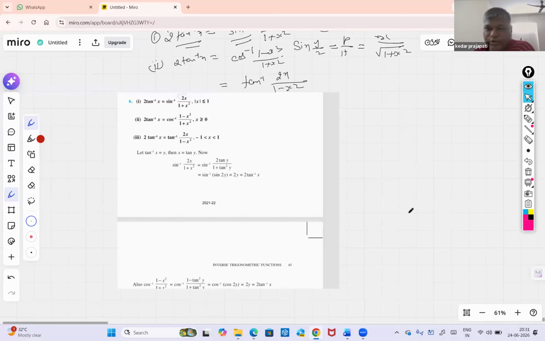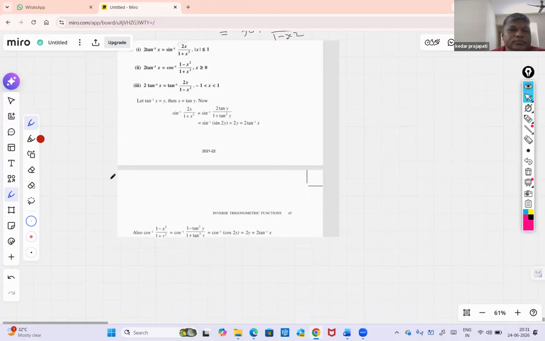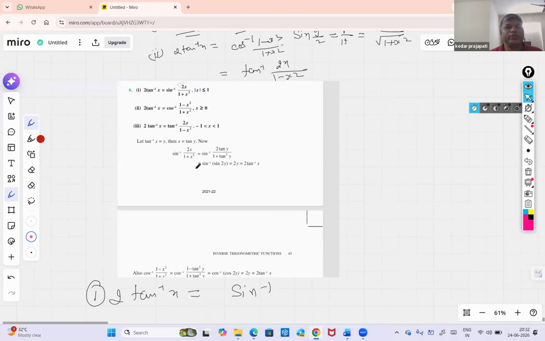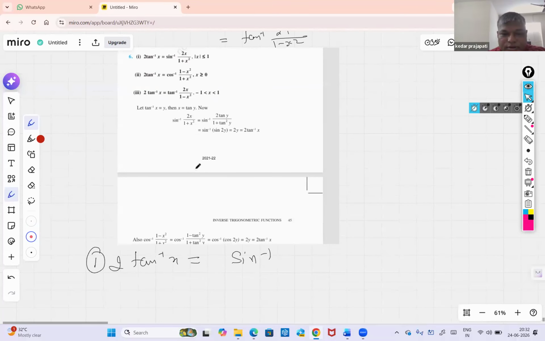So what is the first formula? First formula is 2 into tan inverse x equal to sine inverse 2x by 1 plus x square.